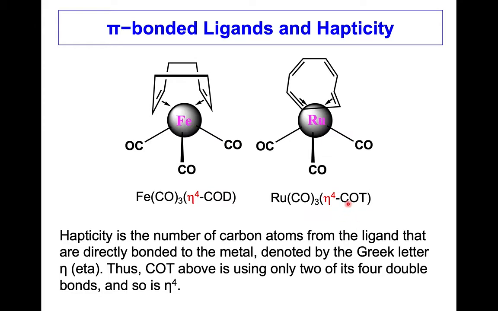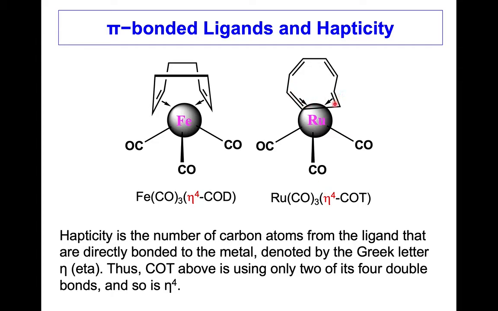So over here we have cyclooctatetraene, this 8-membered ring, which could donate up to 2, 4, 6, 8 electrons. However, in this particular complex, that would make it be over 18 electrons. And so cyclooctatetraene, when it's in this complex, is bound also η4.